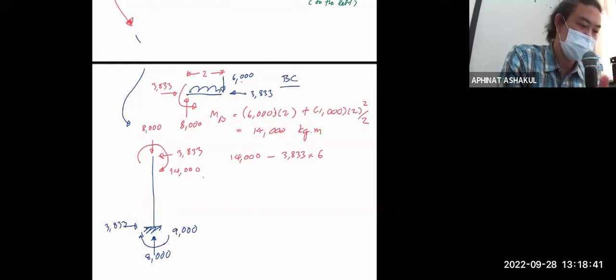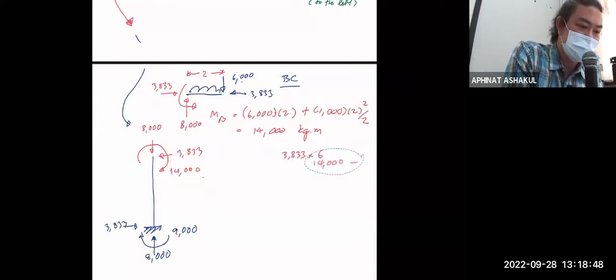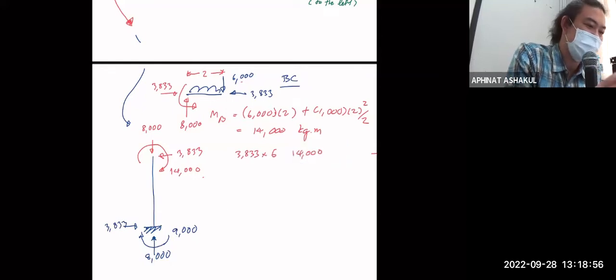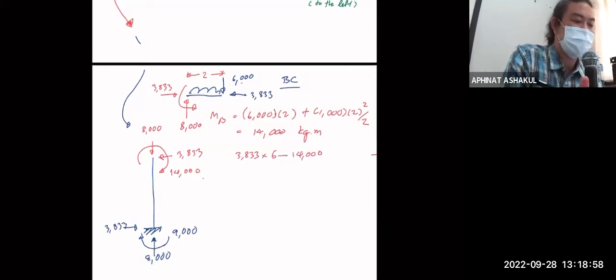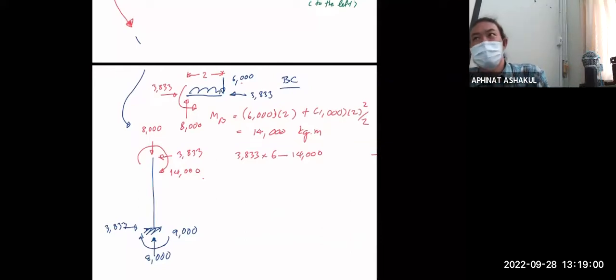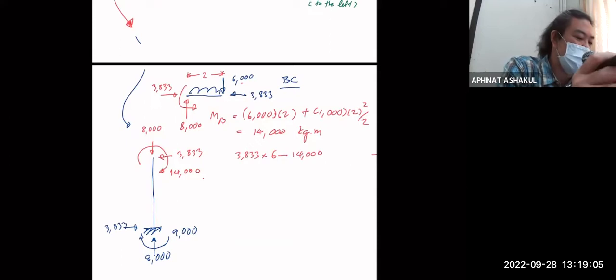Yeah, I should write the opposite. So it's 9,000. Right? So yeah, we're good. And I believe you can finish your diagrams by yourself. That's AB.